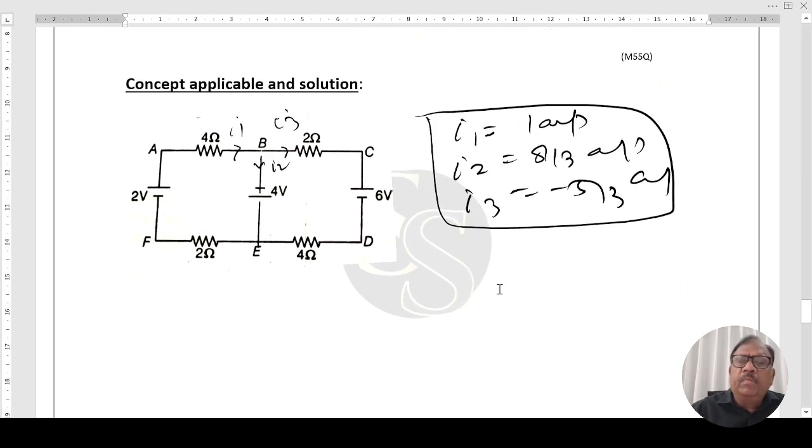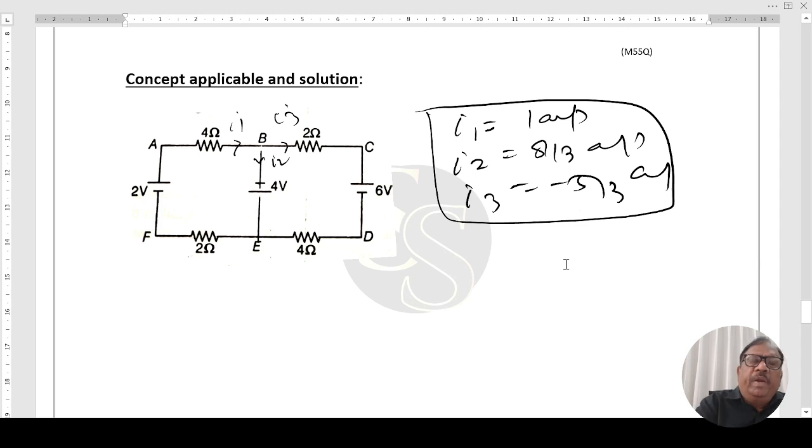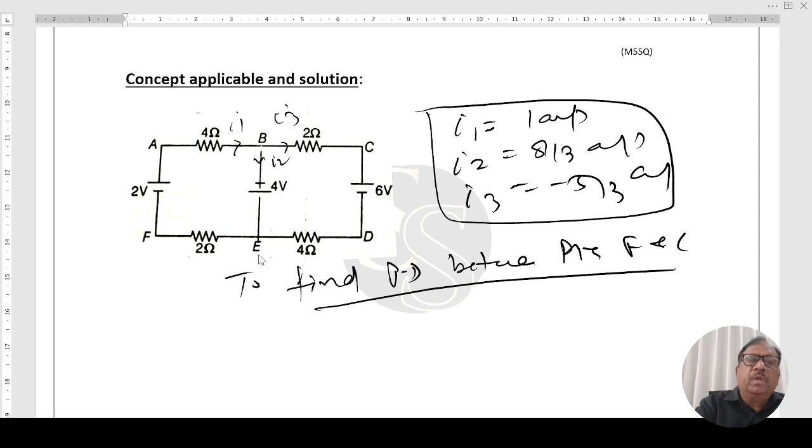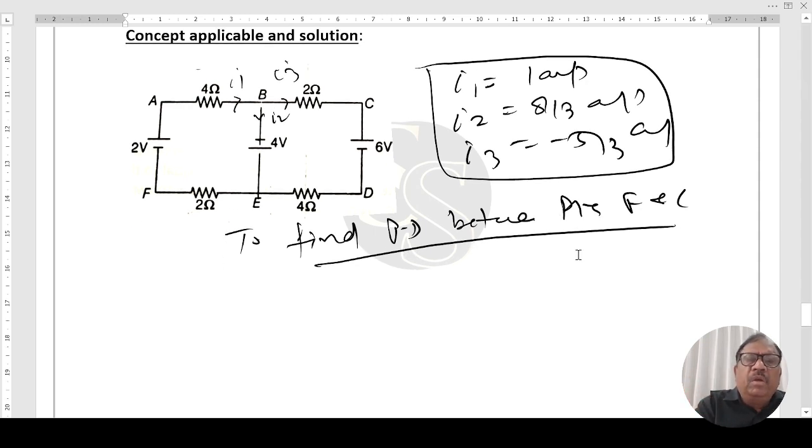What is the concept? We have to find the potential difference between points F and C. We can take this path, right? Sign convention I have already discussed.